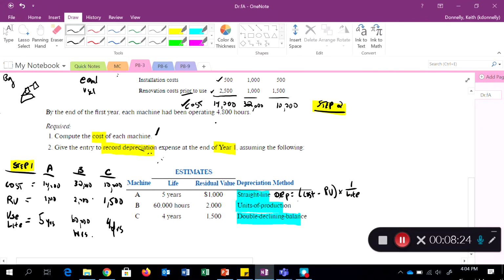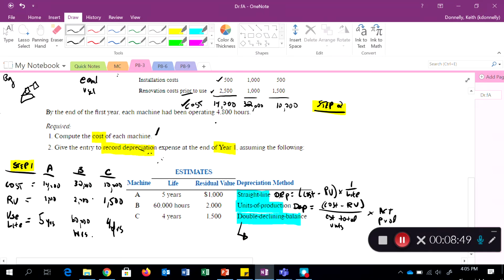We know under units of production, our depreciation expense equals our cost minus our residual value over estimated total units of production times actual production.